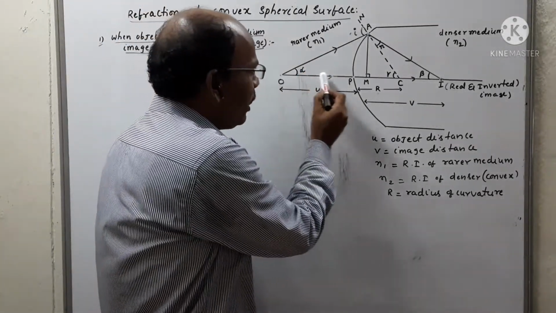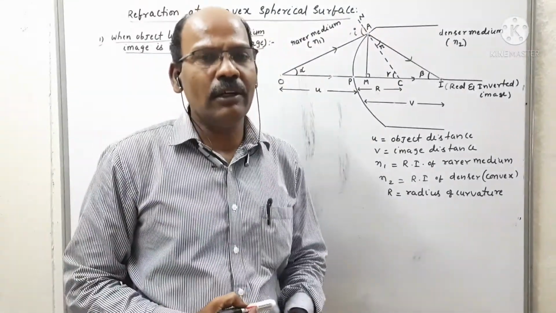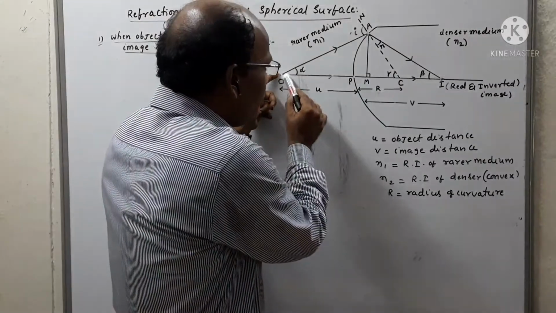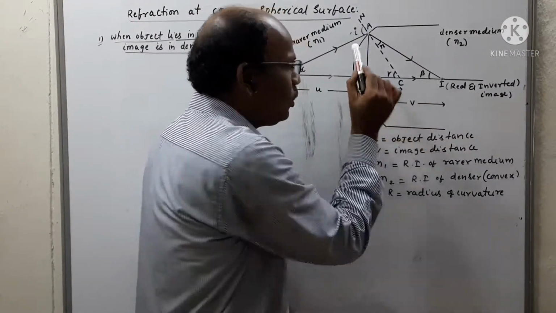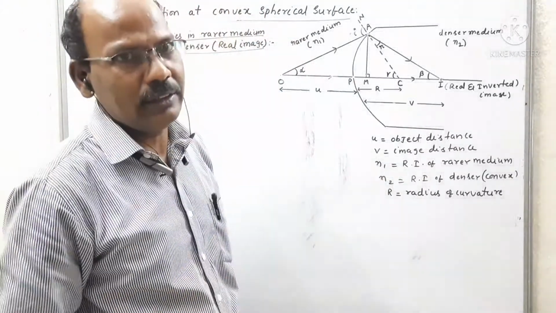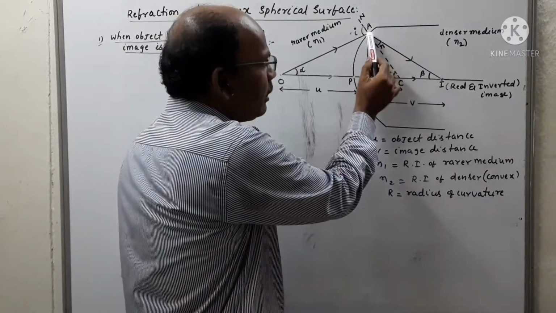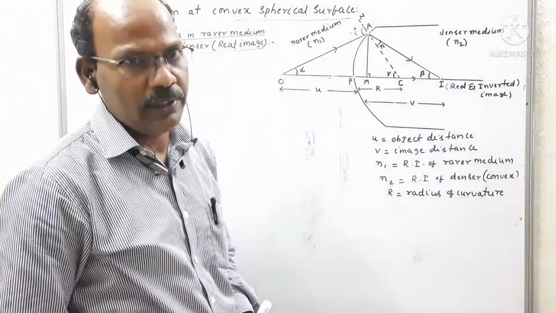One ray is coming from the point object along the principal axis, that is called normal incidence. So the ray coming from the point O passes along the principal axis through the pole of the convex surface. Another ray is OA, which strikes at the point A on the convex refracting surface.